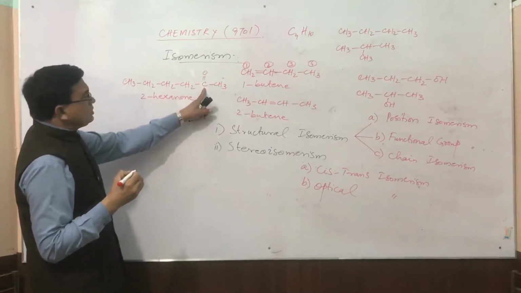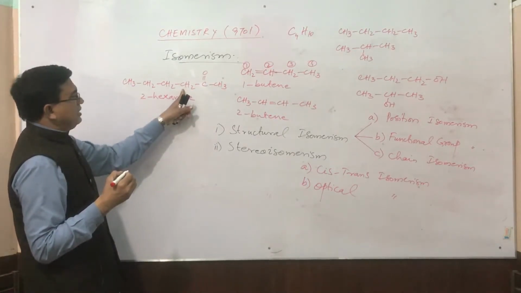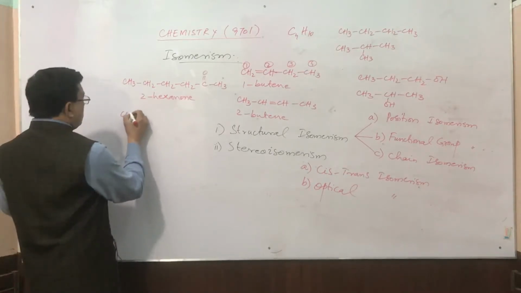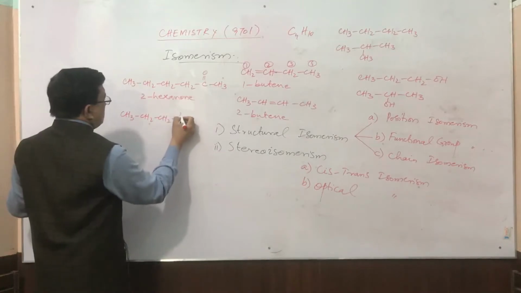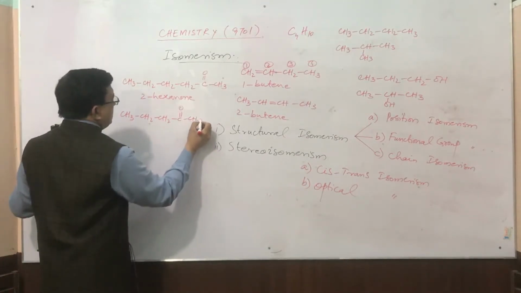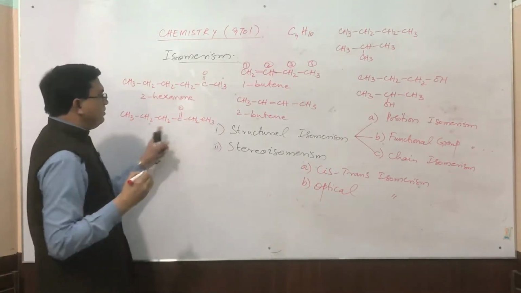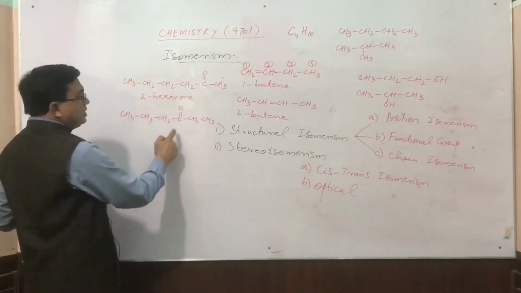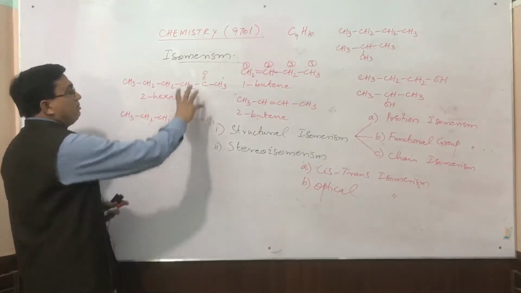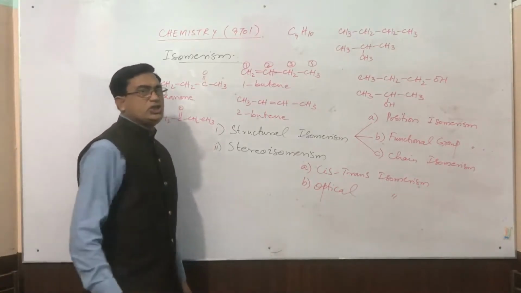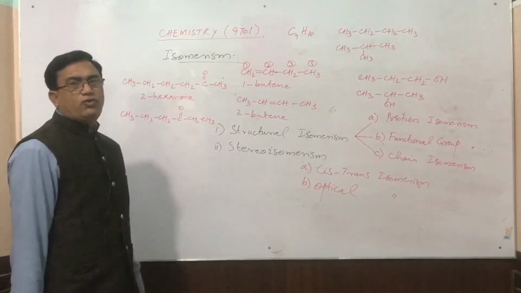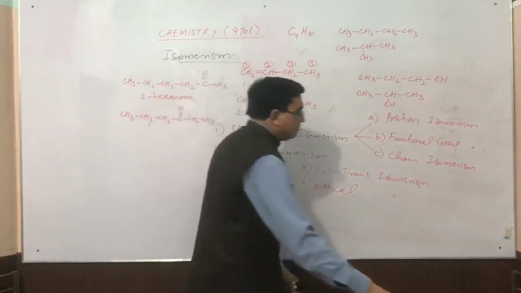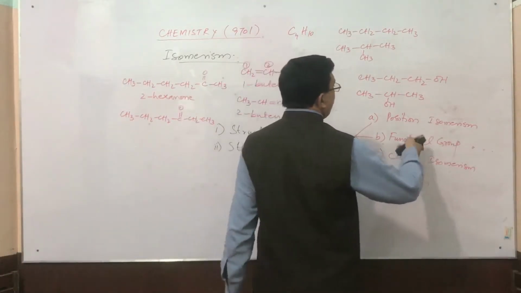But I can change the position of this functional group. What will the formula be now? CH3, CH2, CH2, then C double bond O, CH2 and CH3. What will the name be? 3-hexanone. The molecular formula is the same, but the functional group position is changed. That's why all these are examples of position isomerism. Many more examples can be given.